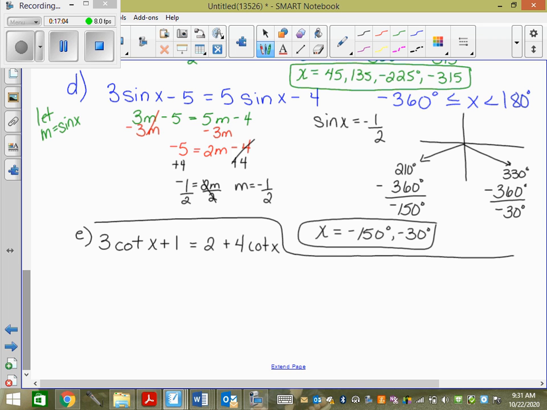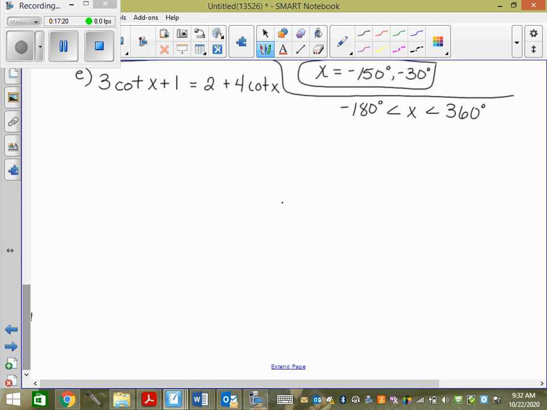And the restricted domain is negative 180 less than or equal to x, less than 360. That's E. And then F is root 3 secant theta plus 2 equals 0. Negative pi is less than or equal to theta, less than or equal to 3 pi.